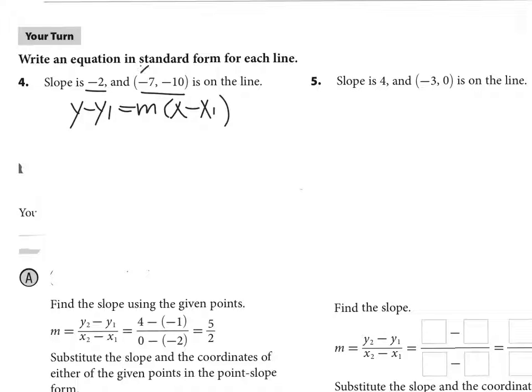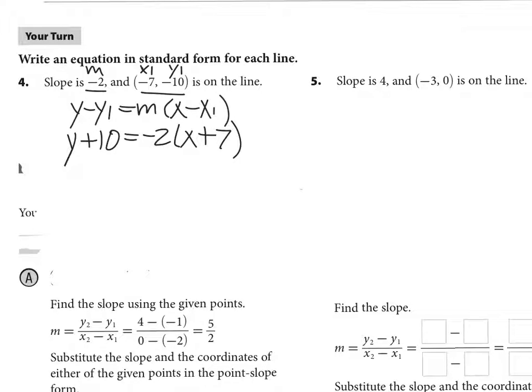So this is my x1, this is my y1, and this is my m. I'm just going to plug everything in. Now remember, because the equation here is minus, when we have a negative sign, it becomes the opposite. So this becomes y plus 10 equals negative 2 times parentheses x plus 7.